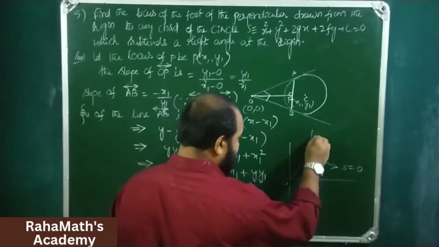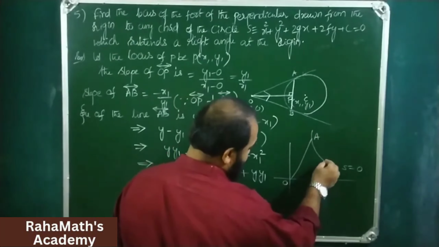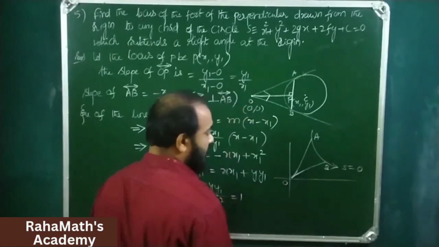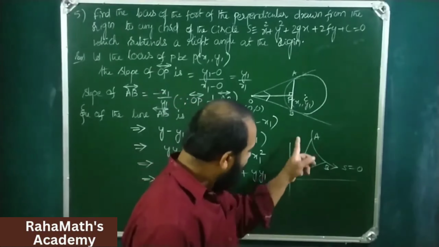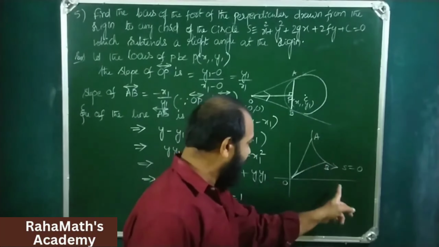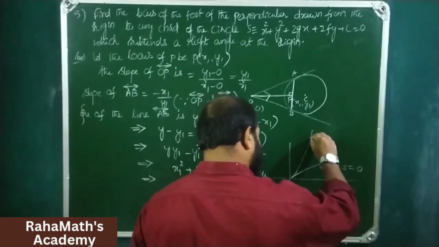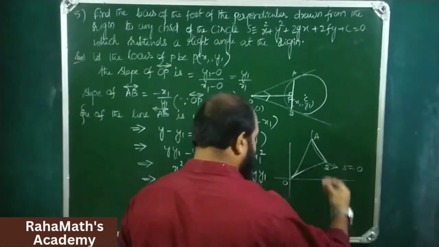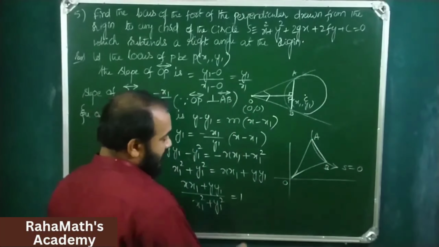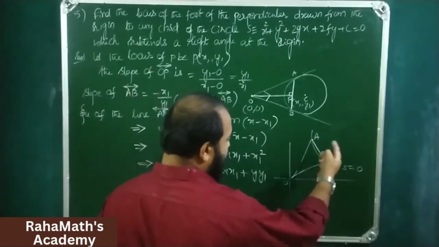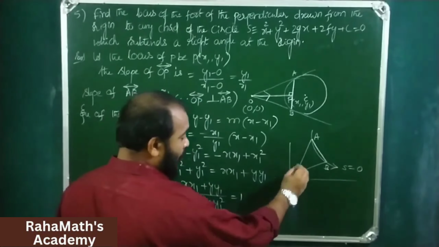OA is a line and OB is a line. So OA and OB intersect the circle S equals 0 at two points. Then I just join AB. Now, what are OA and OB? OA and OB are the pair of straight lines passing through the origin.